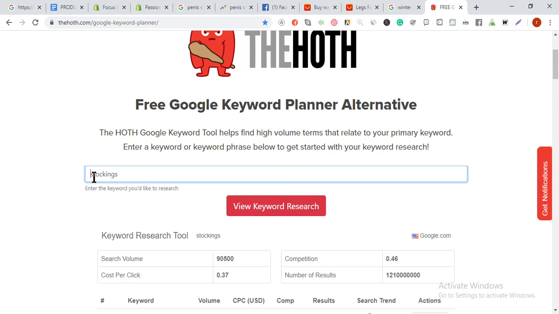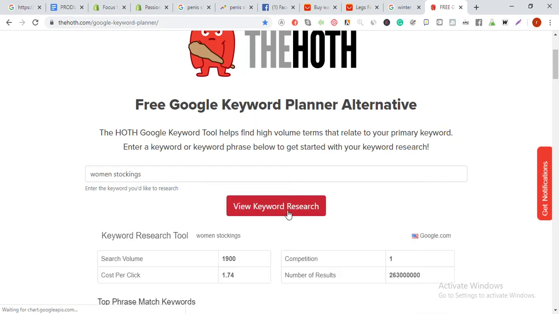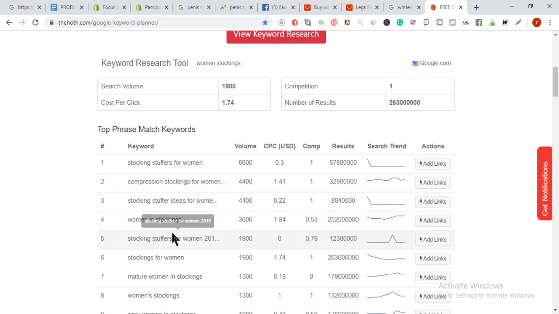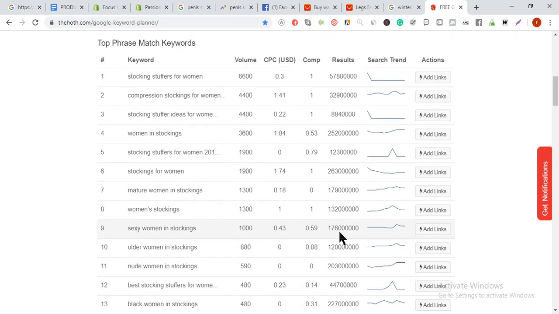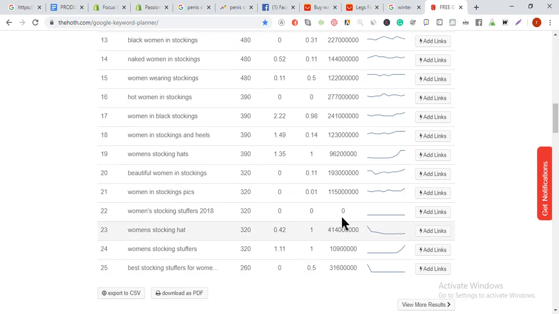Maybe we can do women's stockings. Let's do that. Stocking stuffers for women. Compression stockings for women. Women in stockings. Women's stockings. That's too broad. What else?